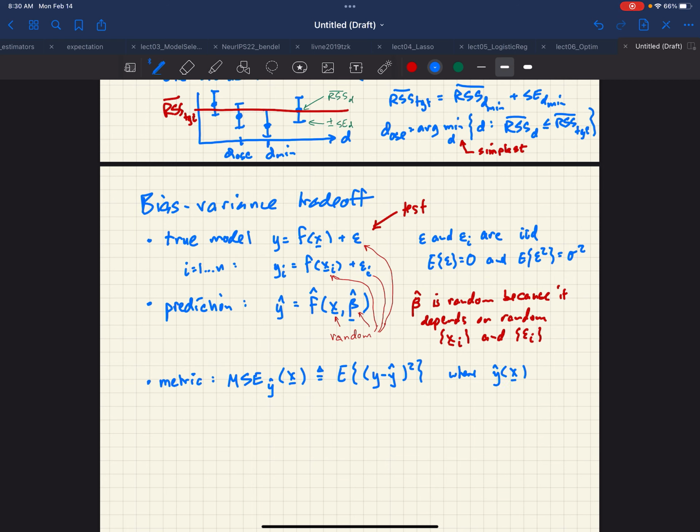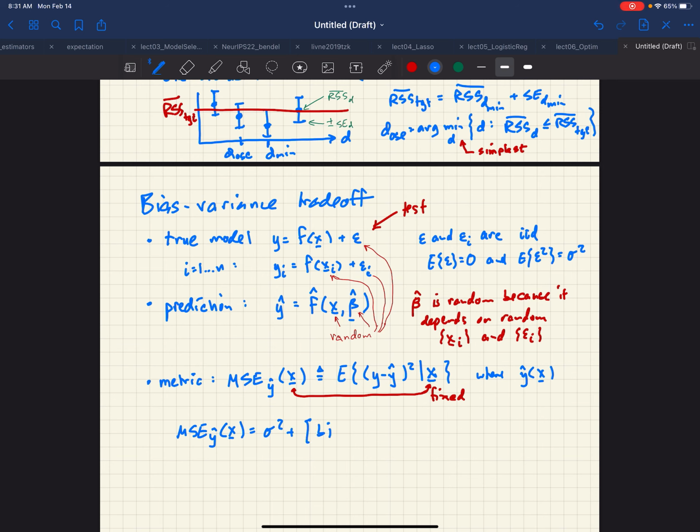so that I can see what happens for specific different values of x. Okay, so we did a derivation, and we found that the MSE on y hat as a function of x, according to the above model, is going to be sigma squared plus the bias on y hat as a function of x, that quantity squared, plus the variance on y hat as a function of x.